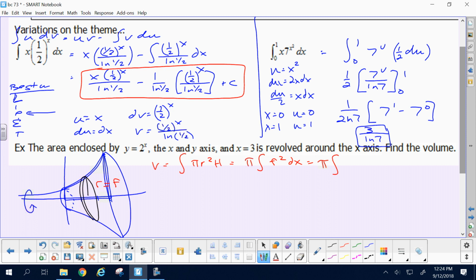I hope I'm right, but I don't think I am. Well, no, I can set up the integral alright. That's not hard. Okay, so I got my integral.